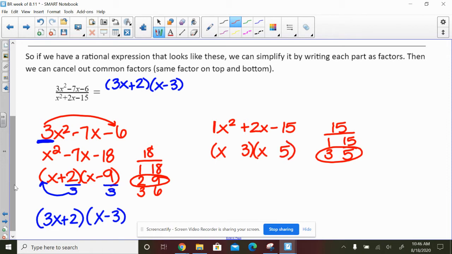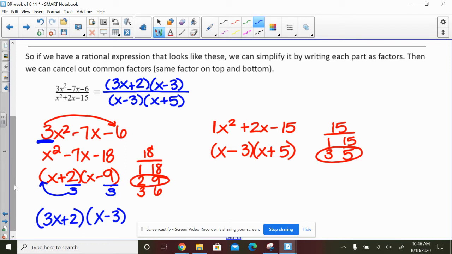Okay, but because I need a positive 2, that sign is going to go with the larger number. So I'm going to have a positive 5 and a negative 3. I'm going to come back up to the problem and write that in: x minus 3 and x plus 5.